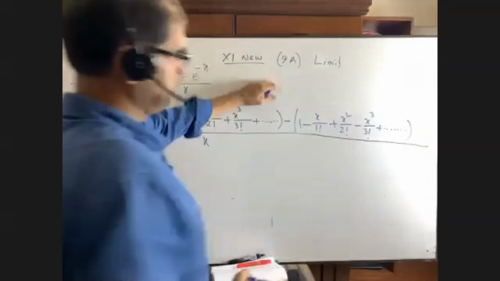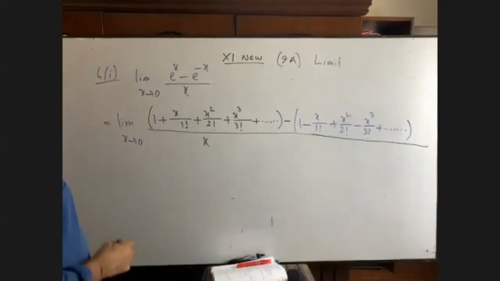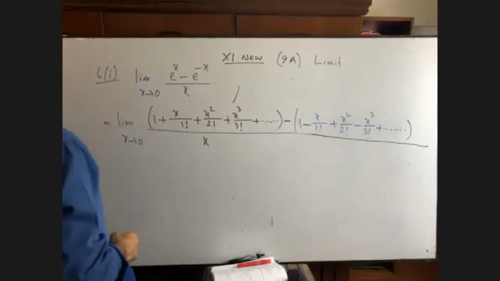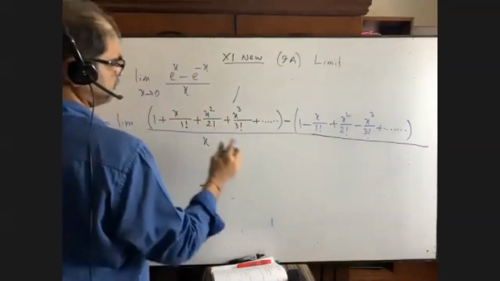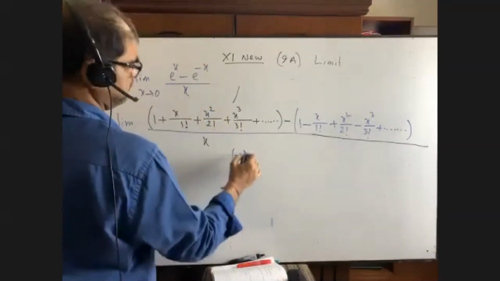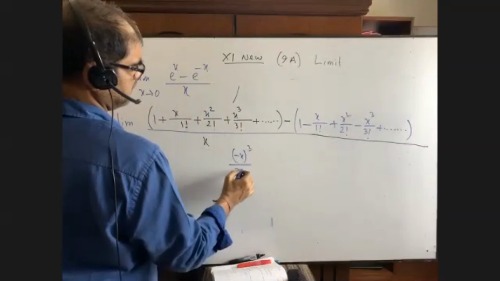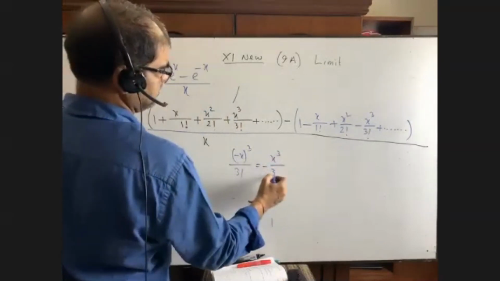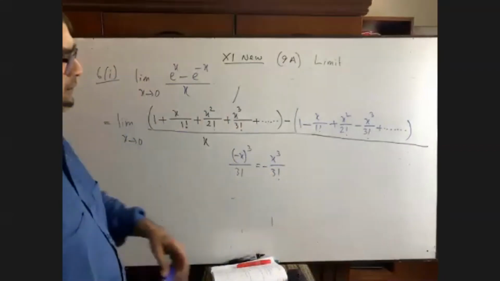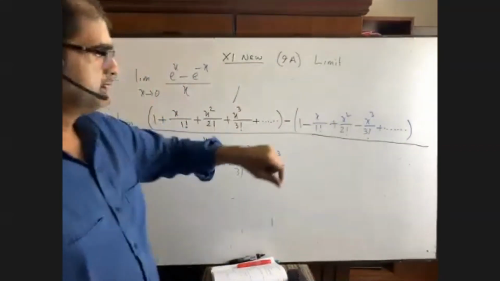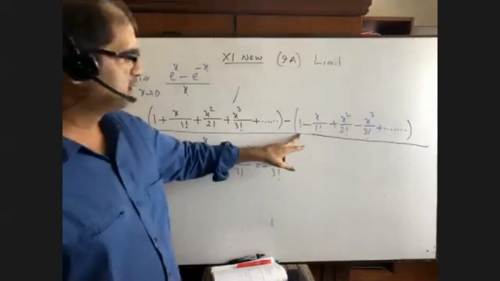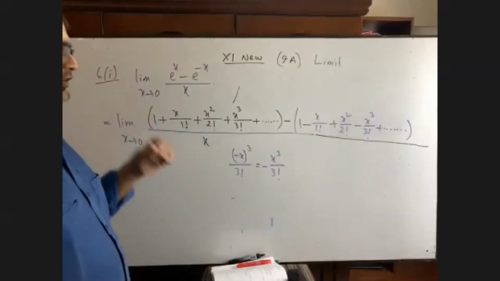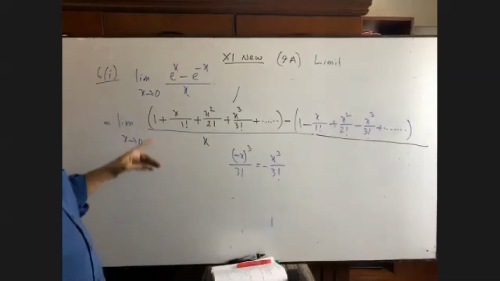Now, how will it come? Suppose I am going to put this value. Here x is negative, so it will be minus x whole cube by 3 factorial. That means minus x cube by 3 factorial. Am I right? For this I have written minus. Same thing, just plus minus plus minus in this way. Nothing else. Okay.